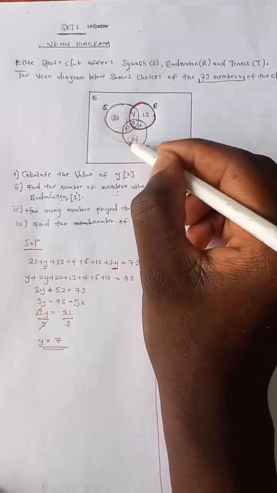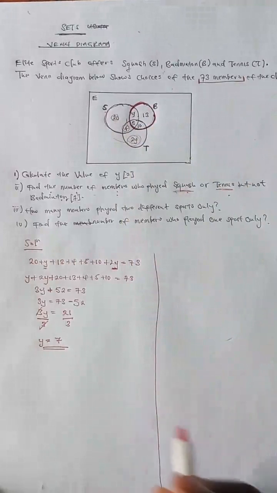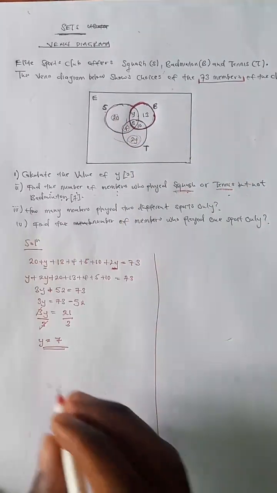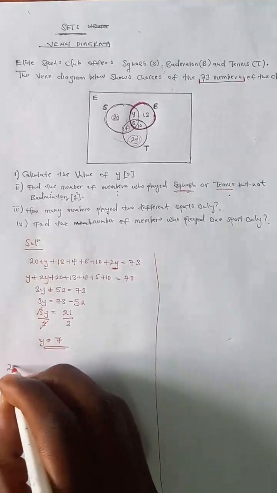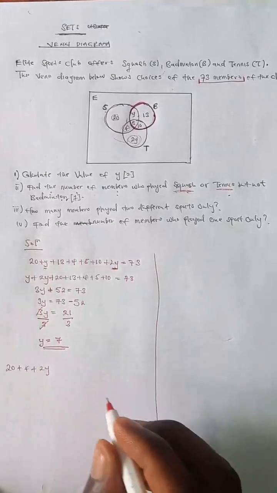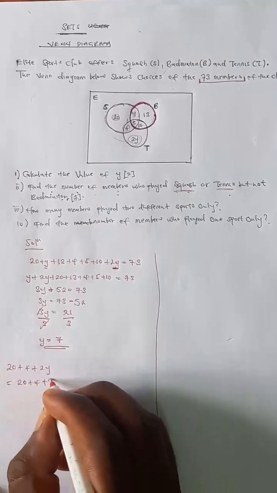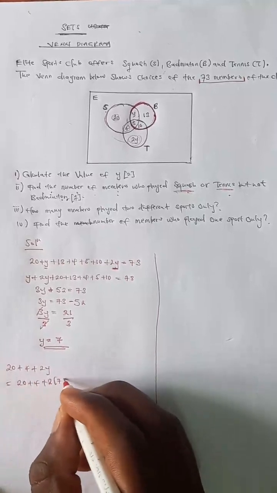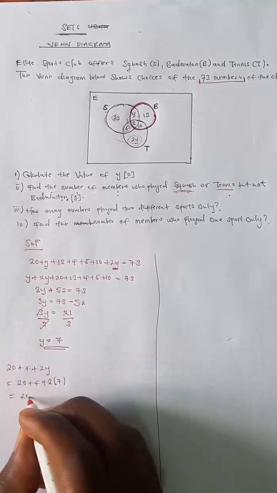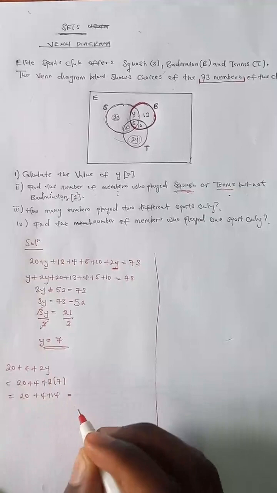These did badminton, meaning that the only members remaining for squash and tennis are simply 20, 4 and 2y: squash and tennis but not badminton. So we are going to say 20 plus 4 plus 2y. While there is y, I'll replace it with a 7. So I shall say 20 plus 4 plus 14.